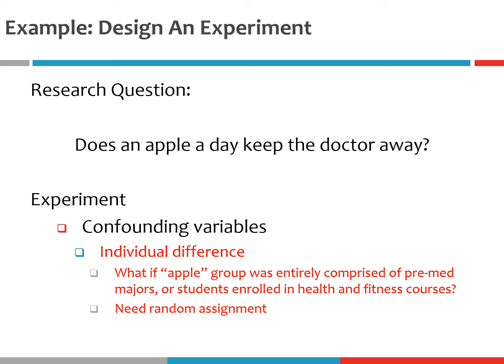Okay? So to solve this issue, we would again need to employ random assignment, right? So that we get some pre-med majors in both the apple group and the no apple group, and we get some fit people in the apple group and the no apple group. Okay? All right.